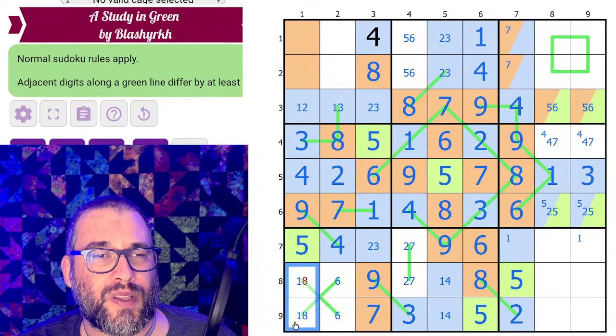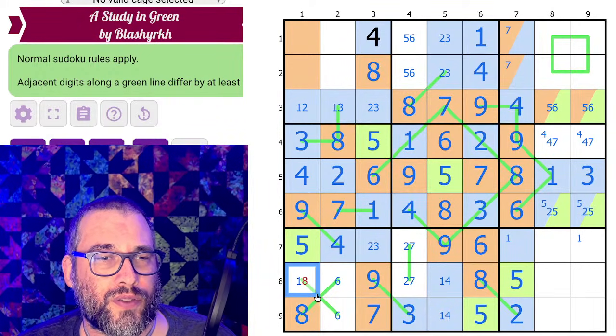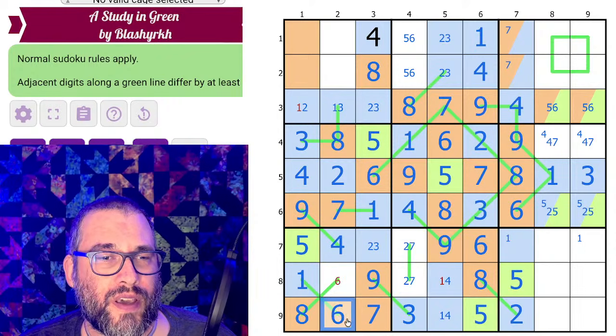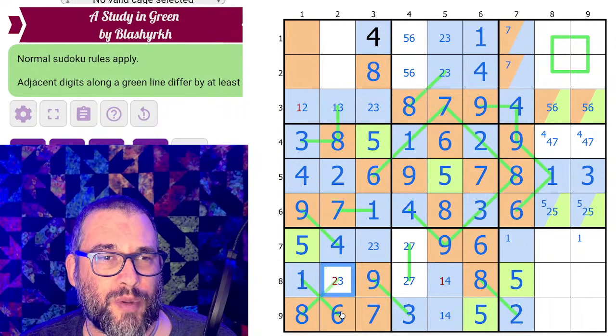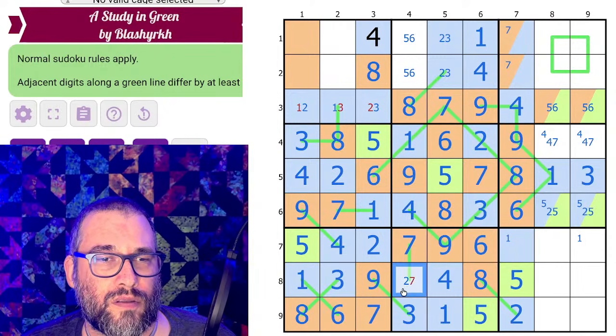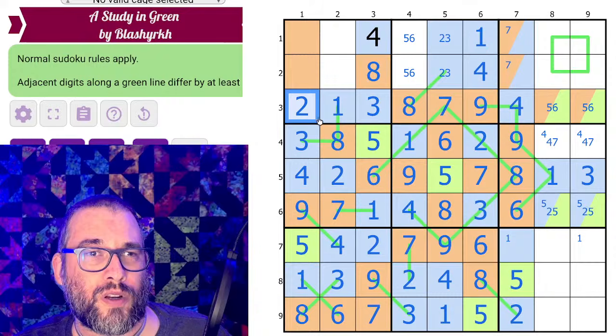Oh, 8 is just placed. So that's a 1, that's a 6. This is the other 2, 3. But it's not 2. 3, 1, 2.